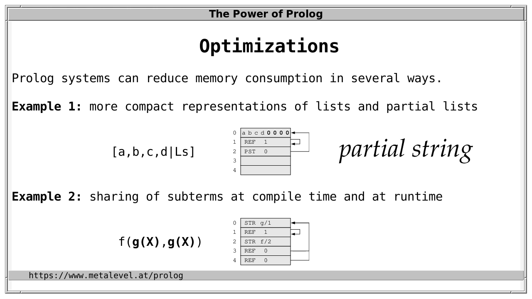And the beauty of this is that it can be done at compile time and also at runtime. So it also depends on the sophistication and trade-offs of the Prolog system. For instance, when I write it like this, then I certainly expect the system to share the subterm. And maybe if I write it differently, then it may not share it.